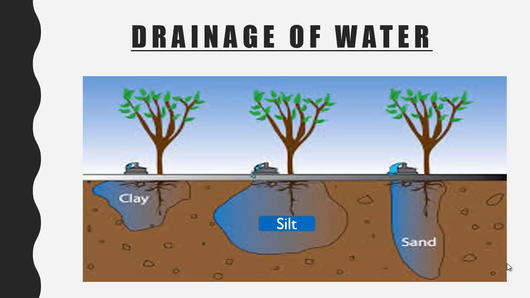So the drainage in the sand soil is fastest. The clay soil has the lowest drainage and silt is between them also, as we said before. The silt between them, the drainage is medium.